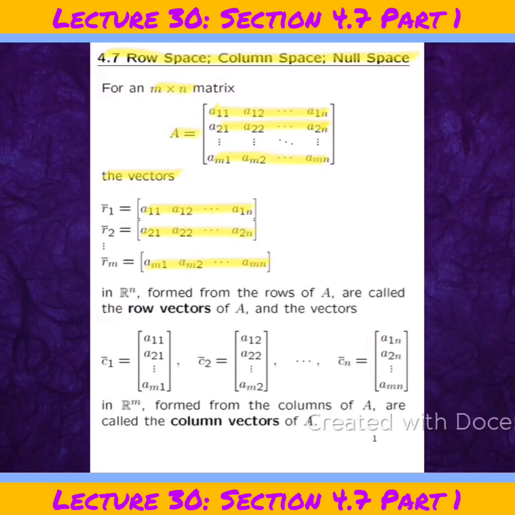These are vectors in Rn, because they have n components, and it's Rn because the entries of the matrix A are all real numbers.